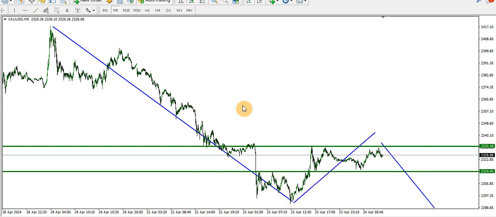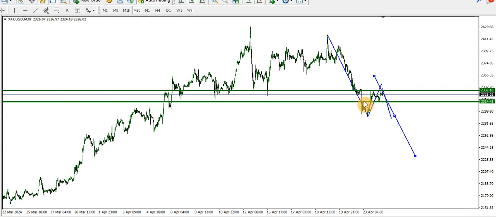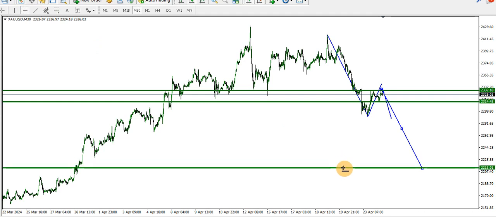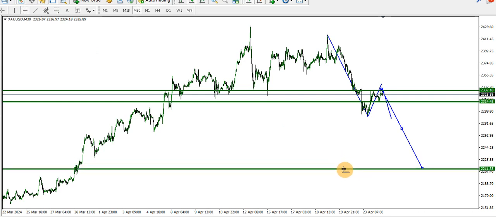Then we expect price to push the same depth downwards. If we put the same depth downwards, we should be looking at somewhere like the 2211 level as where the target price is likely to hit.